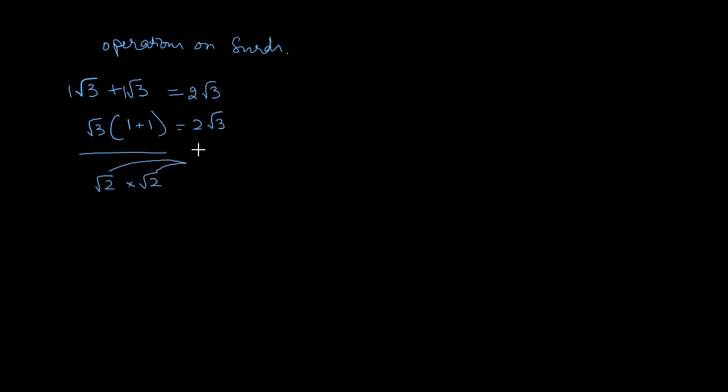these are called like surds. What are like surds? If it is an algebraic expression, 2x plus 3x square minus x, this and this are like terms. Similarly, the ones which have the same root with the same value are going to be like surds.